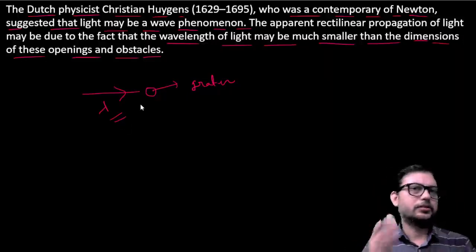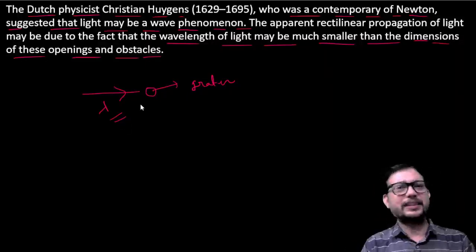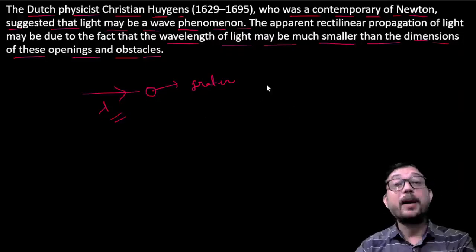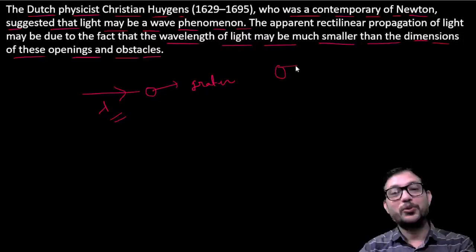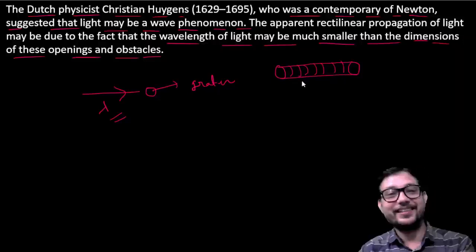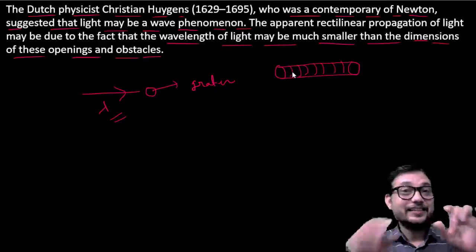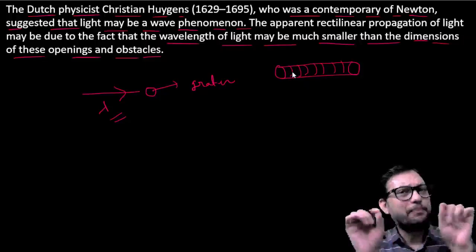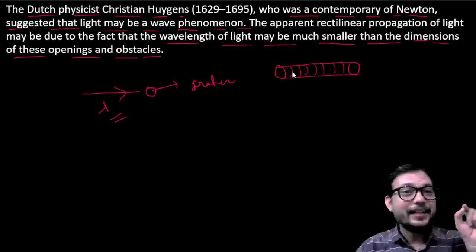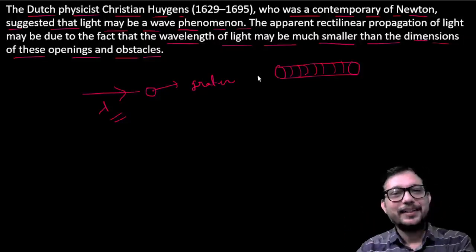And that's why we can simply say that there is a path. So one hole, after that another hole. It means there are so many holes, and the structure is like a pipe, and in that pipe the light wave moves this way.